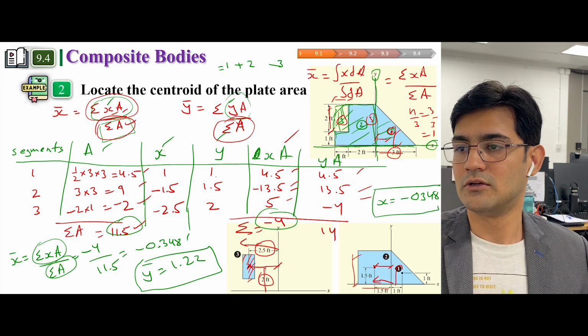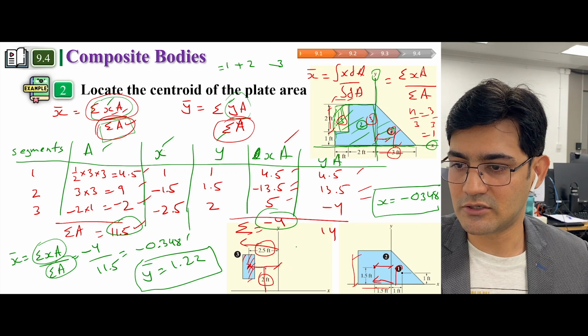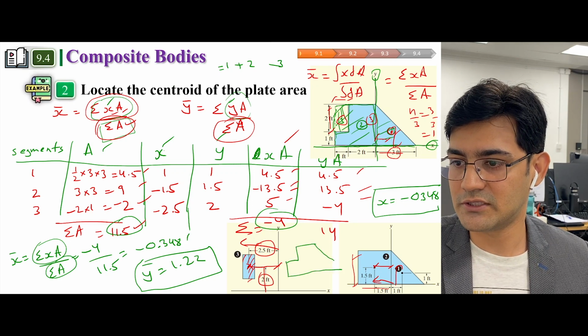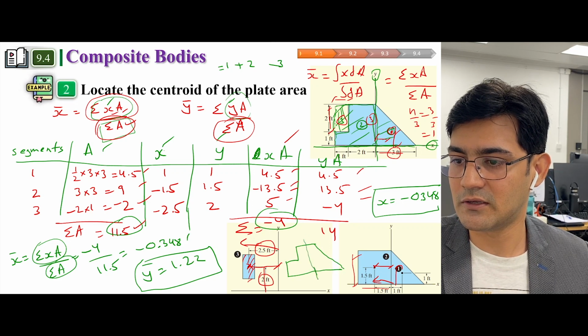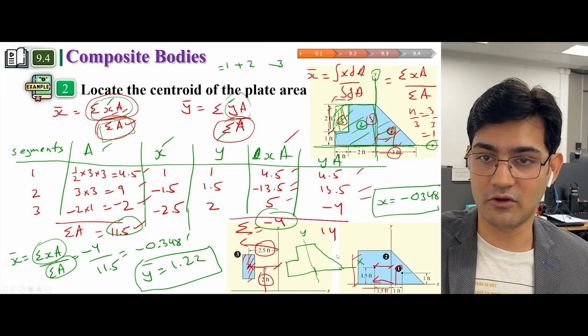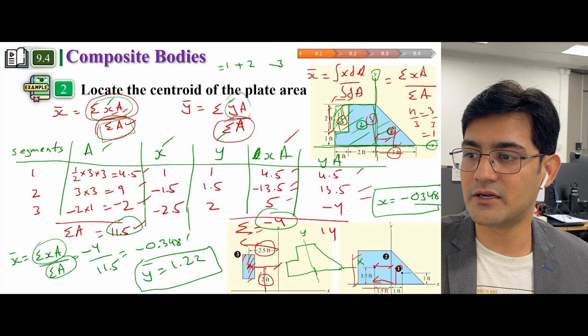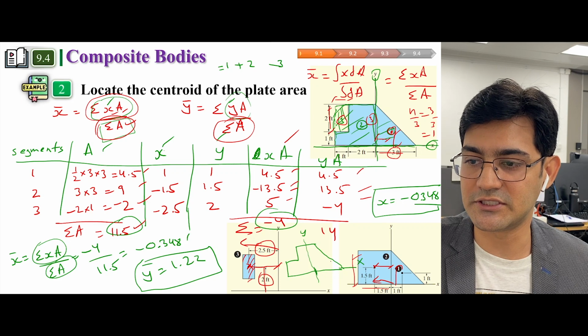Now I'm just going to draw the shape of the composite body. So this is the composite body, and this was the y-axis, and this was the x-axis. Now where is the centroid of this composite body? First we have to go negative 0.348 from the y-axis, because this is distance x.